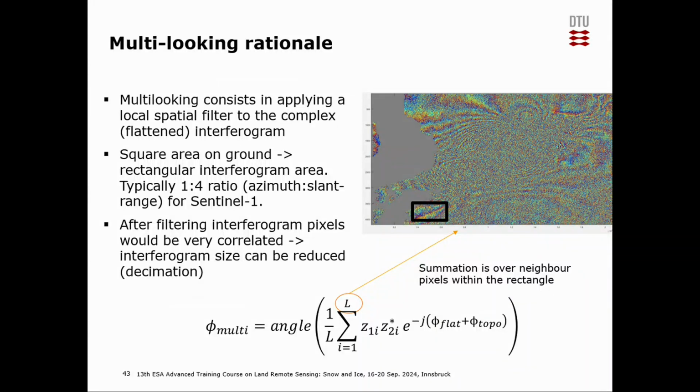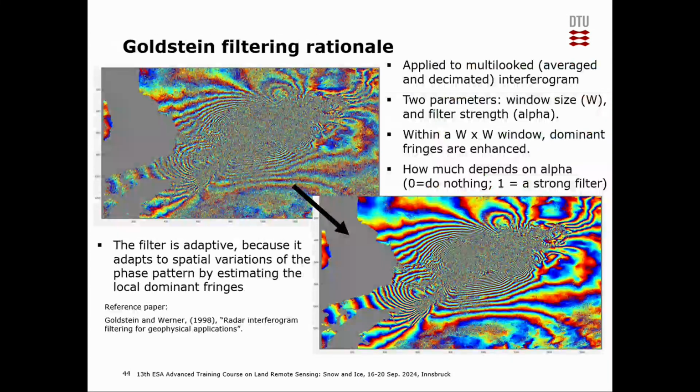Multi-looking, at a high level, is just making a complex average in a box, taking away first the flattening and topographic terms, and then taking the phase of the averaged complex number. So a very simple averaging. This Goldstein filtering is more complicated. Basically what it does is a bit what your eye does.